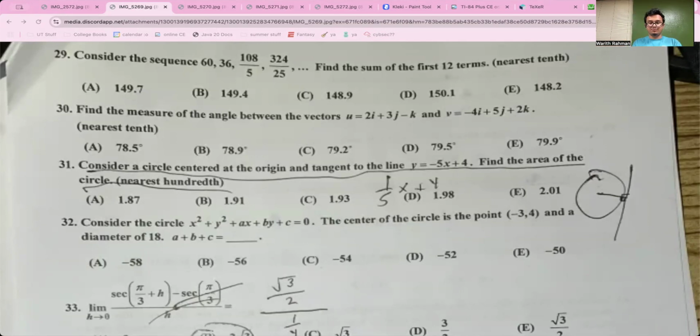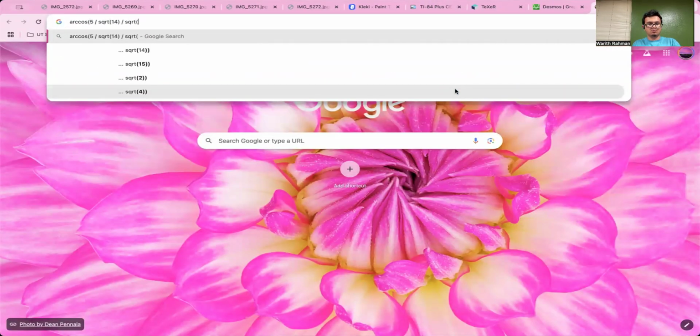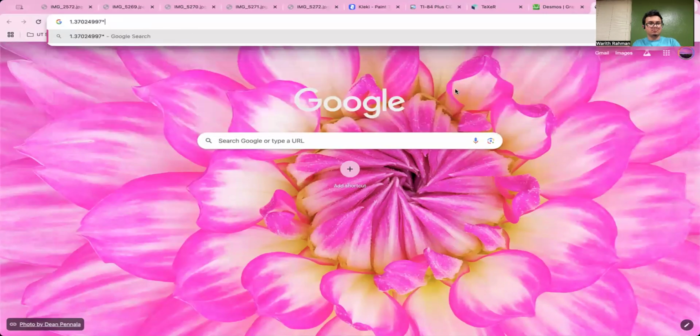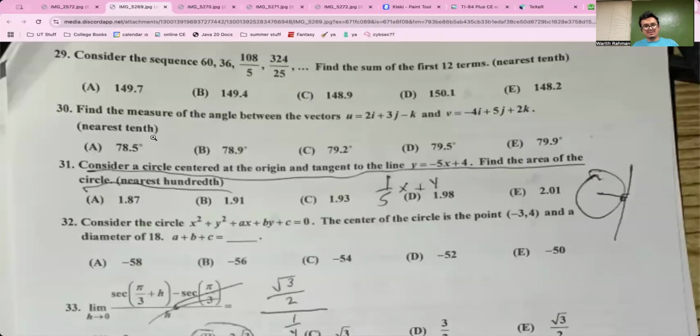This is equal to the magnitude of the vector, so 4, 9, 1, so square root 14, times the magnitude here, 45, times the cosine of the angle. And then we would just solve this, and we have 78.5. 30 is A. Yeah, I did speed run through that, but I did explain it earlier, so I think it's fine.